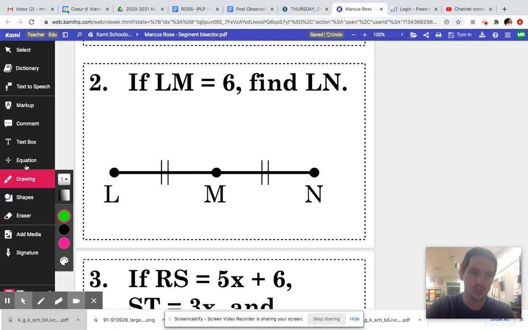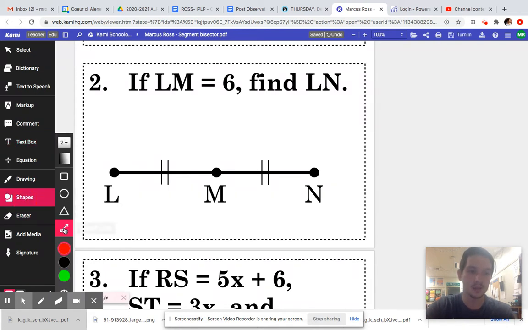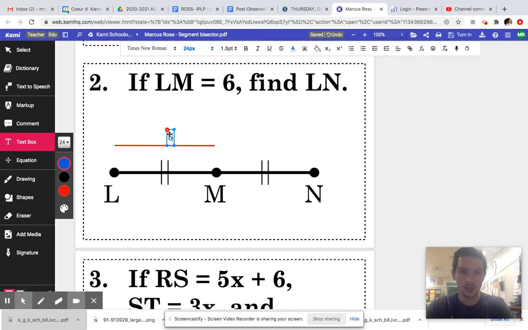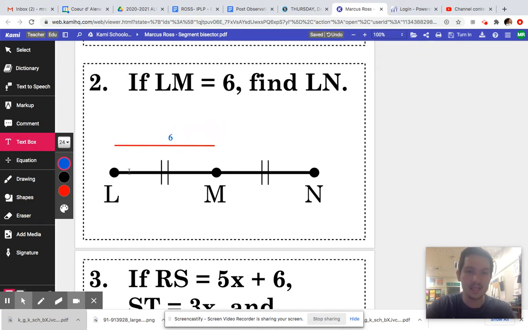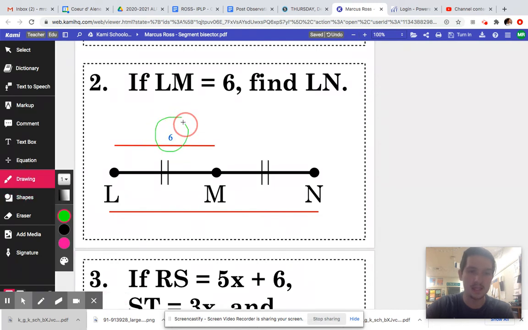And so what this question is saying is that if line segment LM is 6, then if we were trying to find the total amount for line LN, we would say, okay, I know that this is going to be the exact same over here.